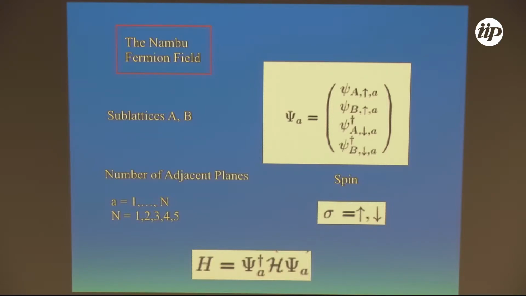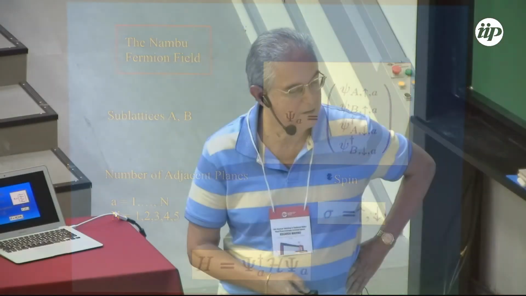And in this approach, we are not going to consider interaction between these layers. So as a first approach, we will consider these layers as no interaction. So this is the Hamiltonian.